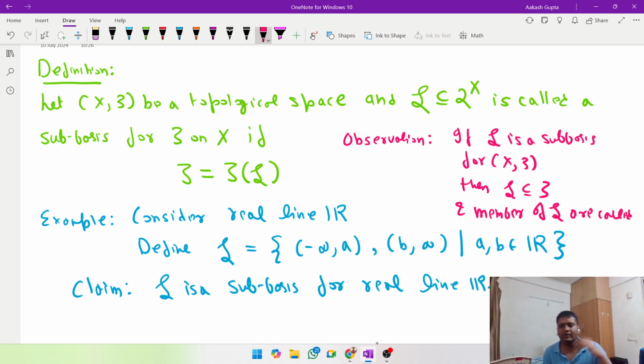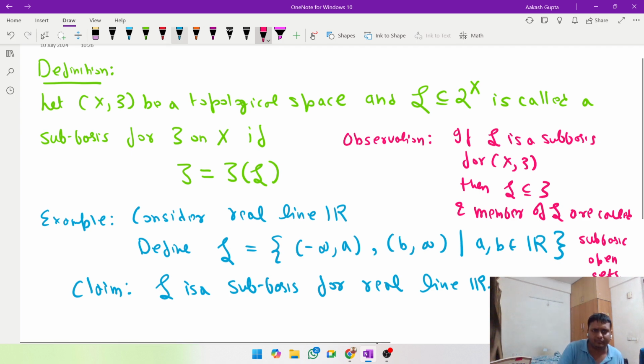You can stop the video and guess. They are called sub-basic open sets, like the members of a basis are called basic open sets. So these are sub-basic open sets.